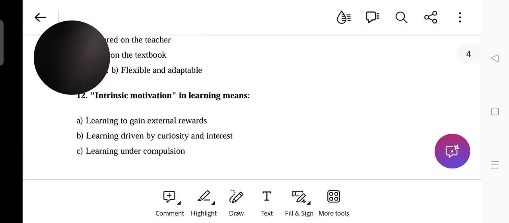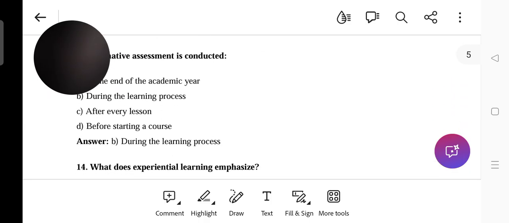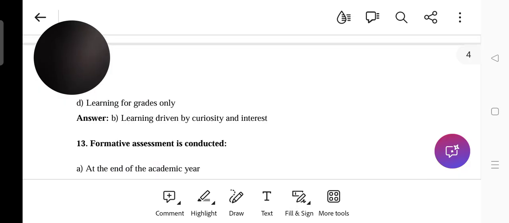So our question is that intrinsic motivation in learning means what? Here the question is that intrinsic motivation is related with learning driven by curiosity and interest.